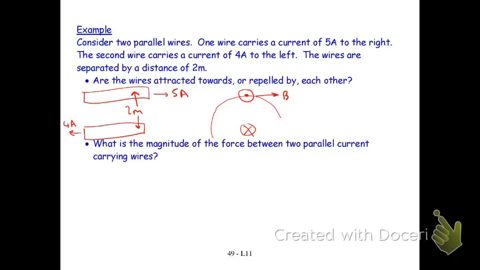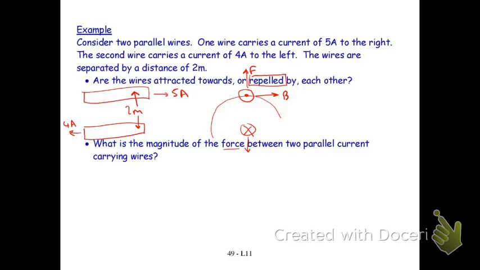Do my L cross my B, and that is going to be F. So which is that going to be, attracted to or repelled? It's repelled, isn't it? Yeah, because it's pushing away from. You know, there's one on there, there's one on there. They're going to go away from each other. They're repelled.